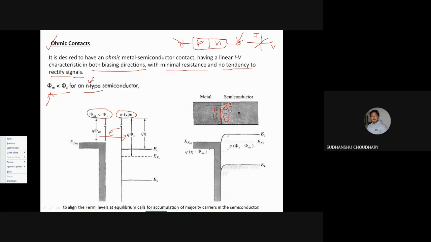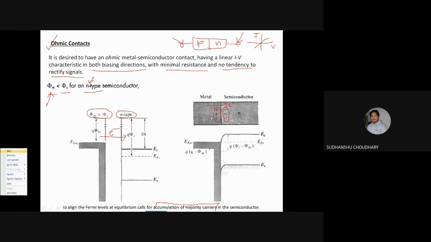Right? So majority carriers are not depleted, but are being accumulated. Okay? So I mentioned over here that majority carriers are being accumulated on the semiconductor side. So that is why you don't see a depletion region over here.